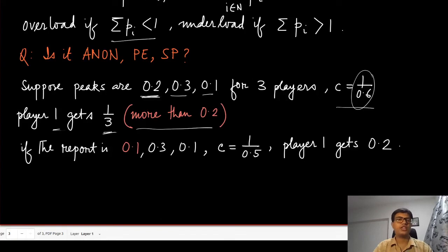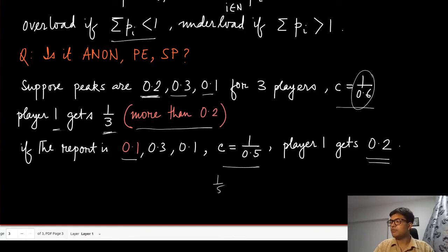So can it change its preference report? It is very easy to see that it can misrepresent its own peak such that C gets altered accordingly. In that case, with C times 0.1, you can actually have 1 by 5, which is 0.2.